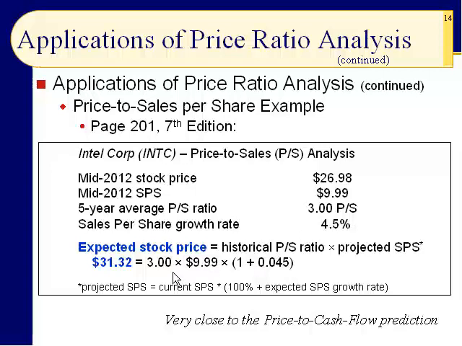So we take the 3.00 5-year average times the $9.99 current sales per share, multiply that times 1 plus the growth rate, 1.045, because we believe the growth rate is 4.5%. And we get $31.32, which is actually close to the price to cash flow projection from the previous slide.